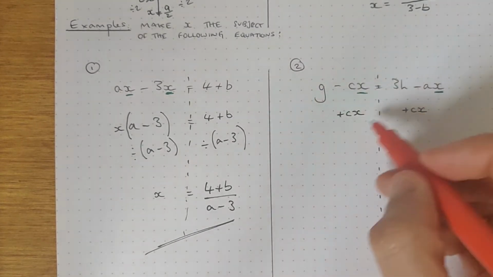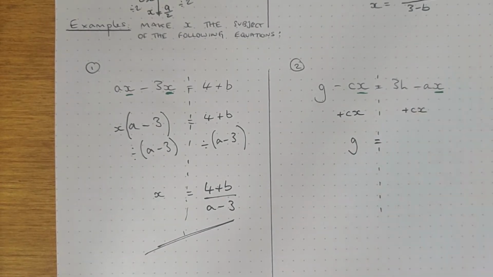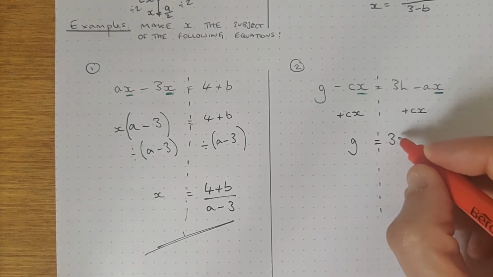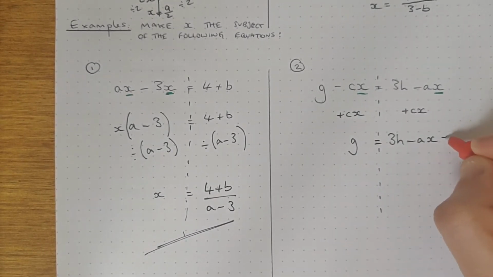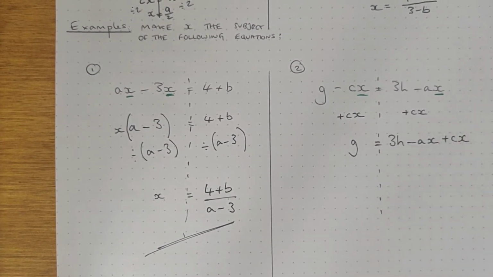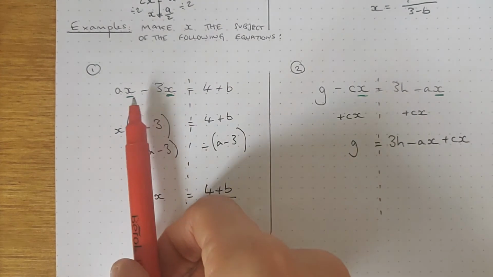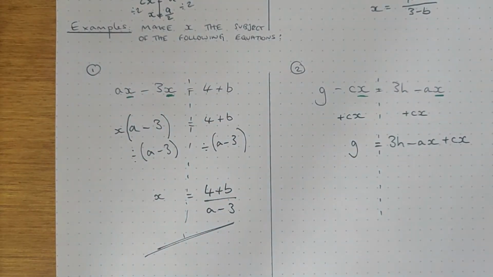I'm then left on this side with just g, because I'm adding this cx. I'm then left with 3h minus ax plus cx, and I've just added the cx on. Another key difference is that I've got this 3h.